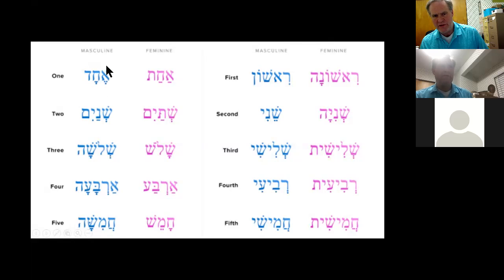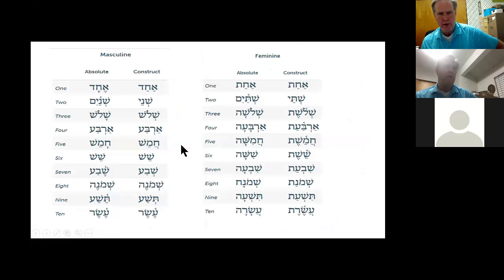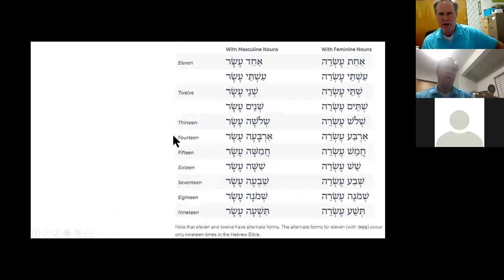So it's different if it's masculine, or different if it's feminine. Different two if it's masculine, different two if it's feminine, and these, by the way, have the dual endings on them, or 3 or 4 or 5 or 6 or 7. Okay, and we also have constructs, more on those a little later on, 11 and 12 through 19.